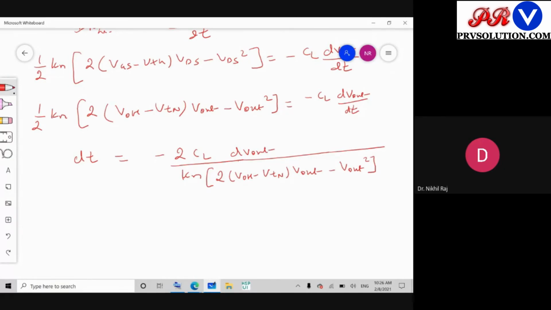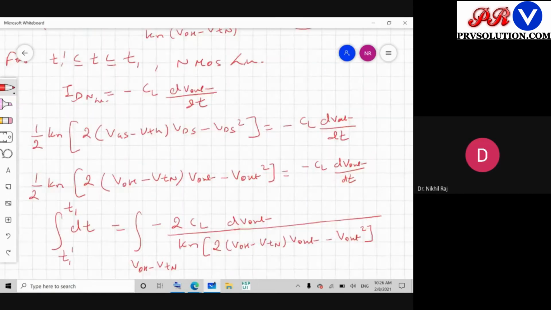So the next step is to take the integration on both sides. So I will integrate here on both sides. So once I integrate, what are the limits? The limits are T1 dash to T1, and what about this one? The lower limit is VOH minus VTN, and what is the upper limit at T1?